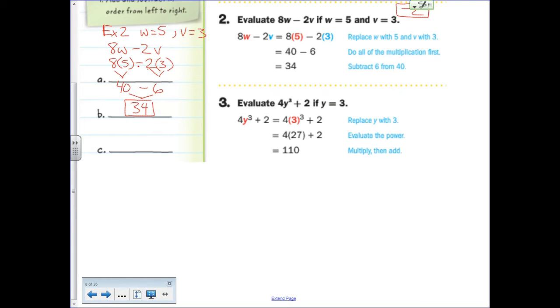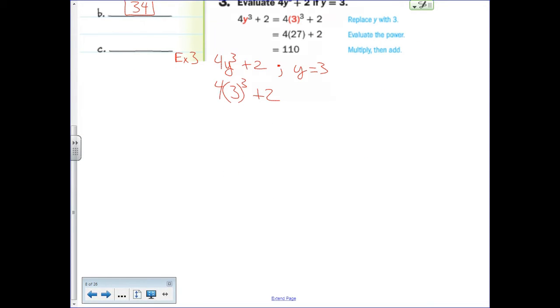And then example 3, 4y to the third power plus 2, where y is equal to 3. We will do 4 multiplication, 3 close parentheses to the third power plus 2. Order of operations says I need to take exponents first, since there is nothing to be done inside of these parentheses.